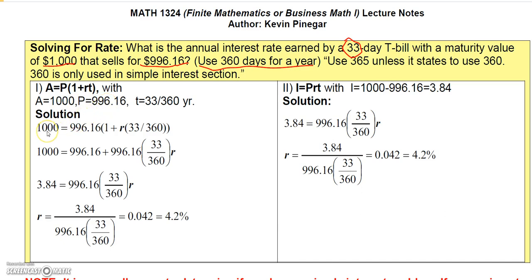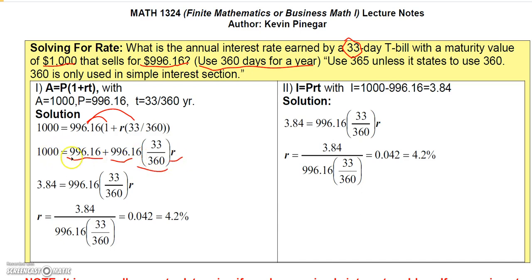So if you plug 1,000 in here and then plug $996.16 in for the principal and then plug T, 33 over 360, then what I could do here is distribute this. 996.16 times 1 gives me 996.16, and then 996.16 times R times 33 over 360 just gives me 996.16 times 33 over 360 times R.